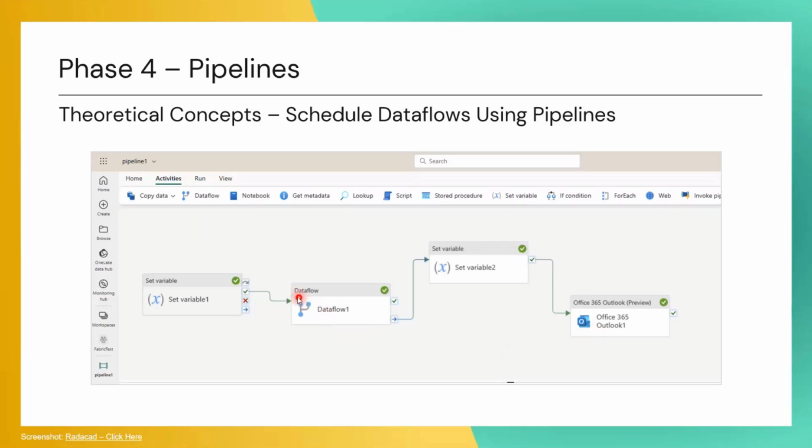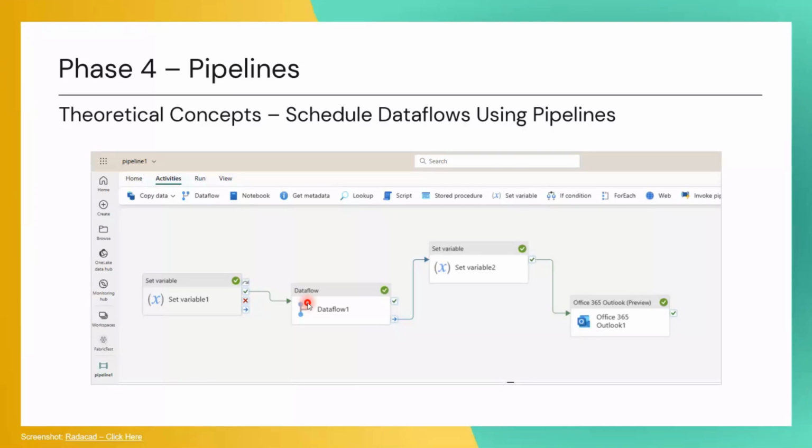As you can see, you can link these activities based on the output of the previous one: skipped, if this was completed successfully, ran into an error, or was completed, no matter what the output or success rate was. So this we'll be using to orchestrate the data flow refreshes.